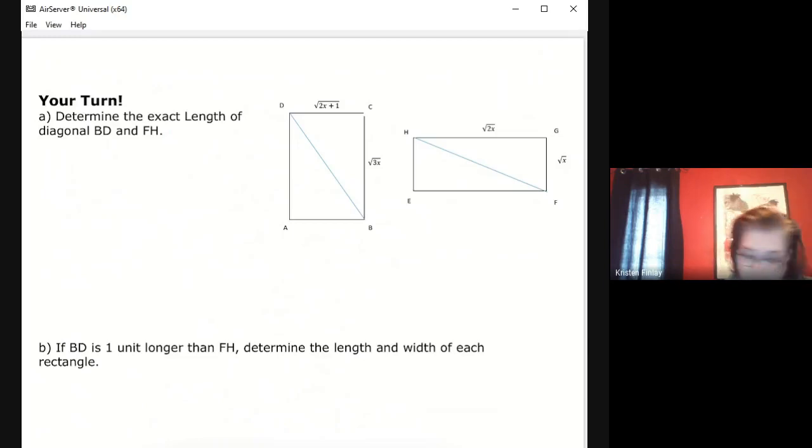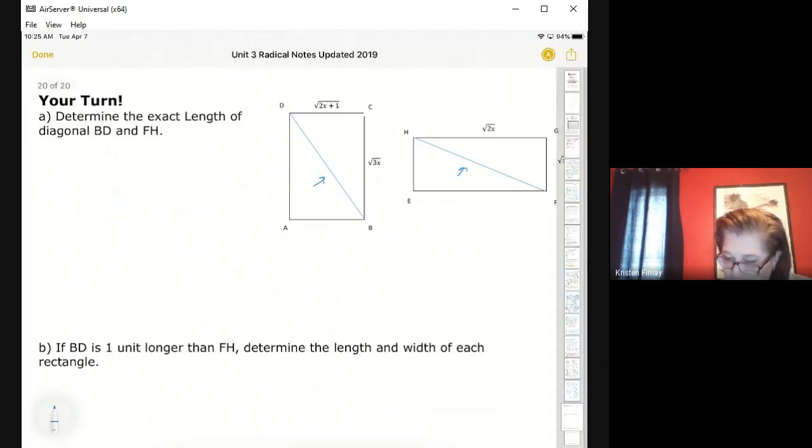Okay, we're back. So we want to determine the lengths of BD, which is this diagonal here, and HF, which is that diagonal there. So we're going to recall our Pythagorean theorem: c squared is equal to a squared plus b squared.